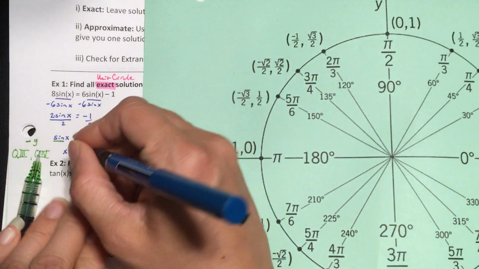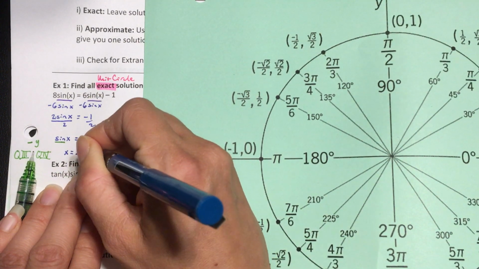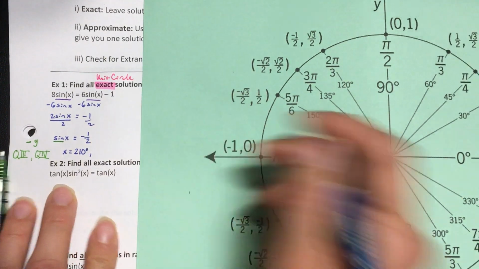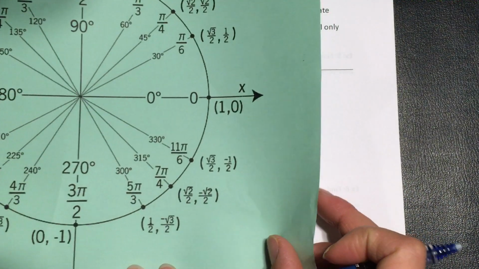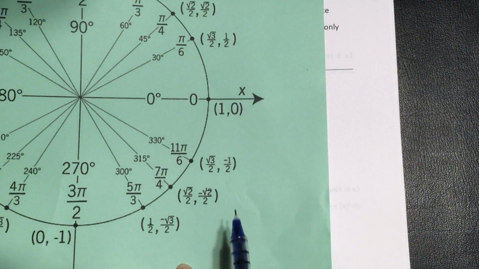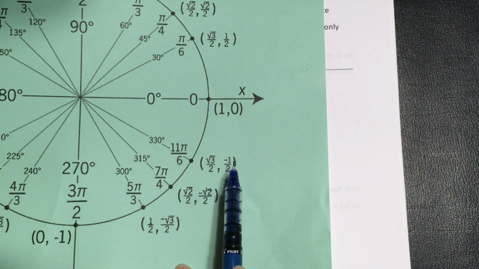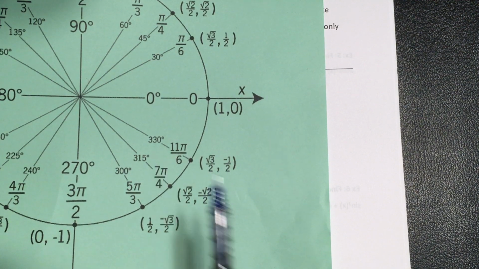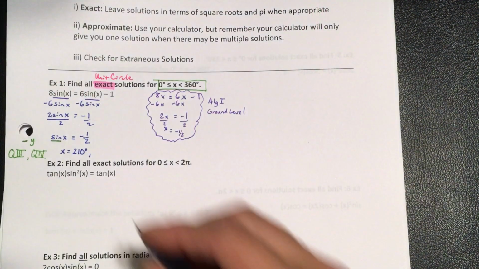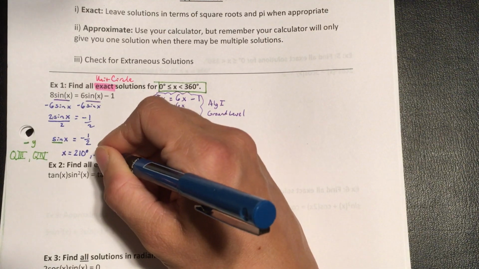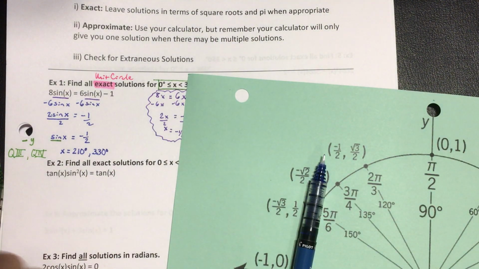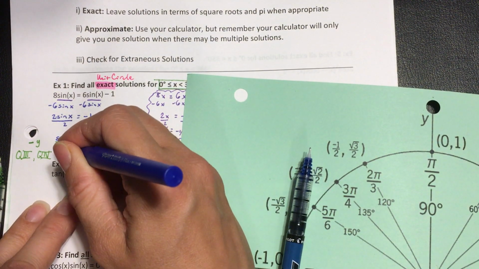So x is 210 degrees. But what other angle in quadrant 4 also has a sine of negative 1/2? That would be this angle, or 330 degrees. And so we end up with two solutions.